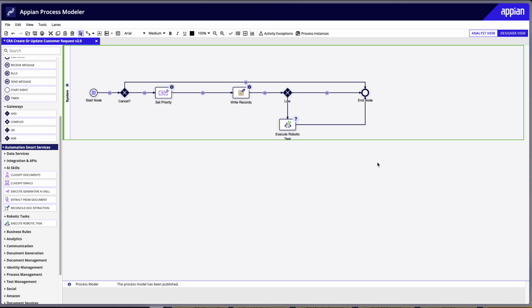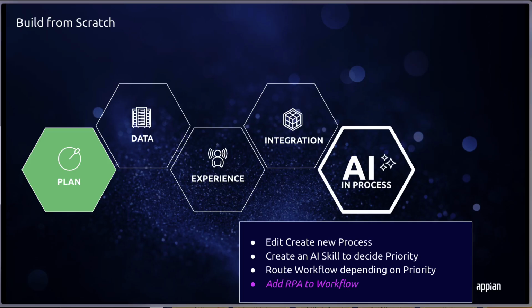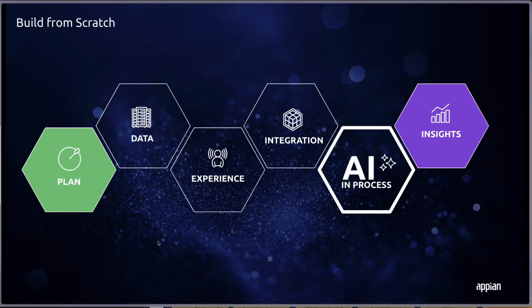We can continue to build out our process model. But we're going to leave it here for today. That's the end of our build from scratch. So we have completed our flow.